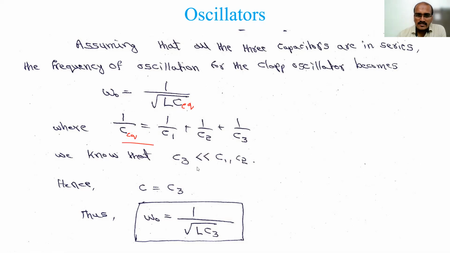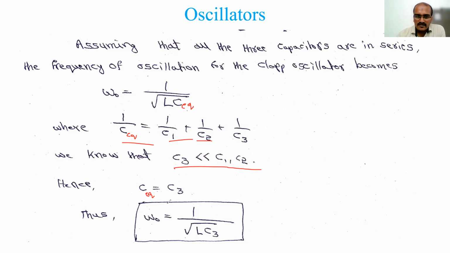We know that C3 is much smaller compared to C1 and C2, so C equivalent is equal to C3. Because it is in the denominator, if C1 and C2 are much larger, when you take the reciprocal, their value becomes small. C3 is very small, so when you take the reciprocal, its value becomes large.